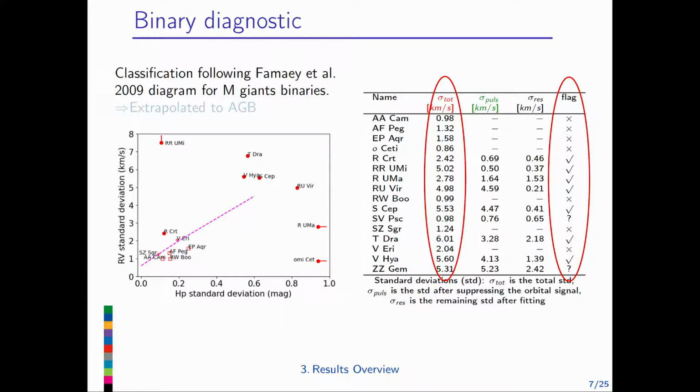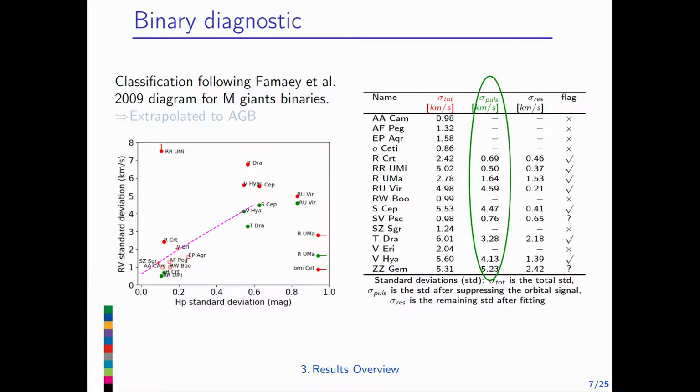And normally, and you will see that it's exact, the stars, when we remove the orbit, fall below the line. So all the stars that were above the line fall below the line, because we remove the impact of the orbit. We still have the pulsation, but the stars are no longer in a binary configuration like that.